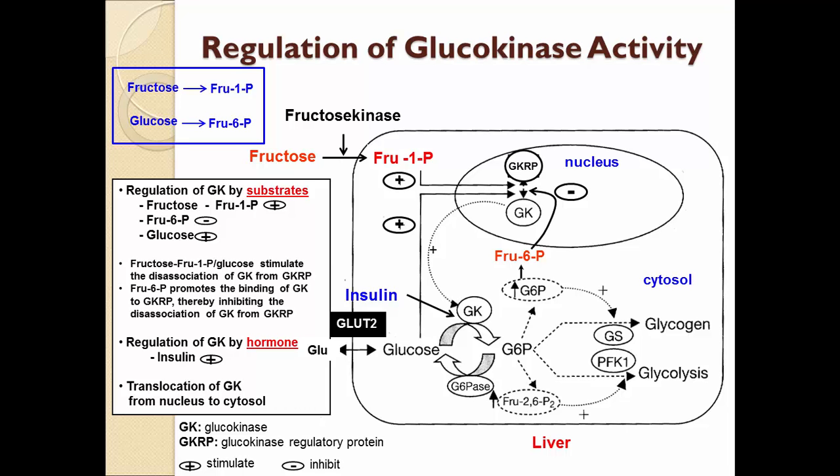We need ATPs, but we don't need that much ATP. So we have a negative feedback loop to inhibit glucokinase activity, so as not to allow glycolysis activity to go too high.